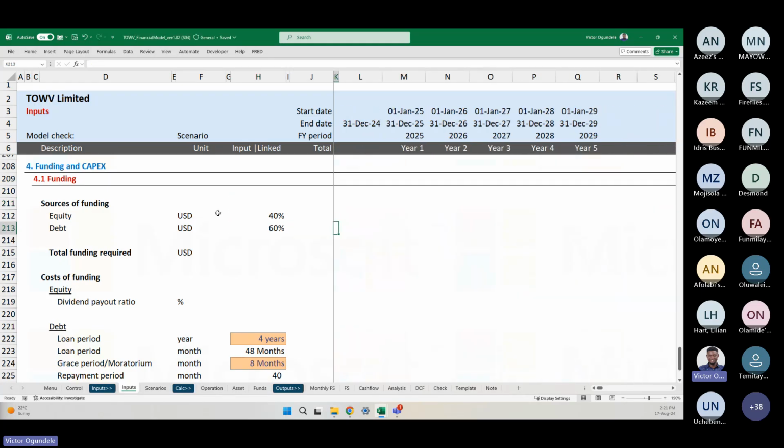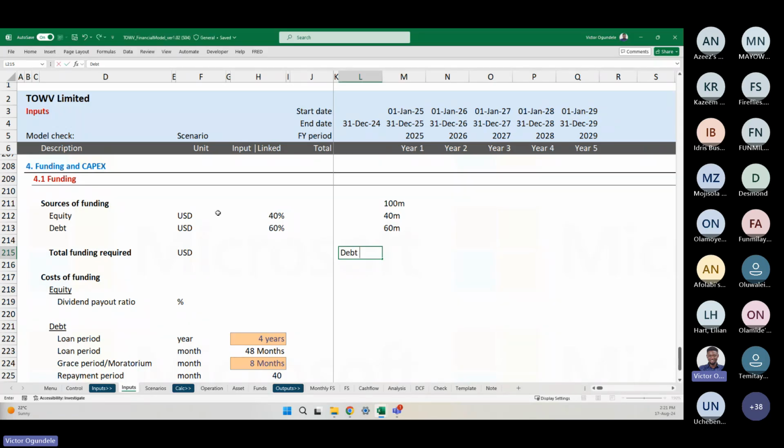Now, let's assume you need 100 million. If the project cost is 100 million, which means the equity is going to fund 40 million. And then we need debt to fund the remaining 60 million. Now, this 60 million might be funded by different debt financiers.